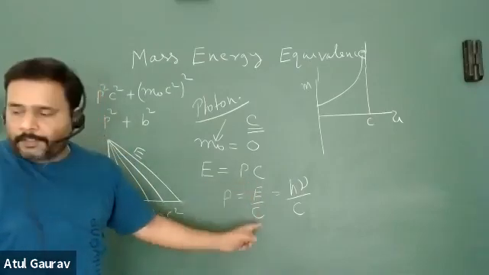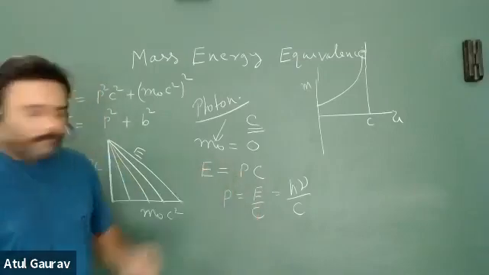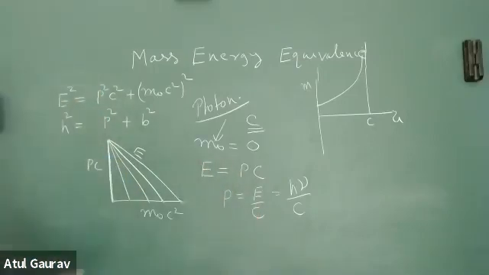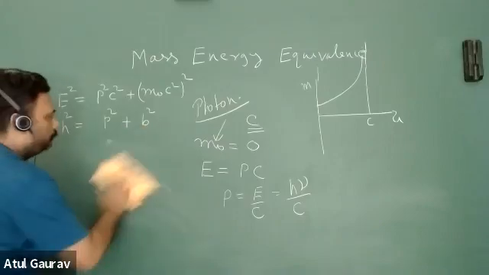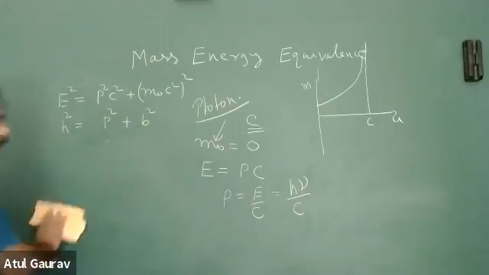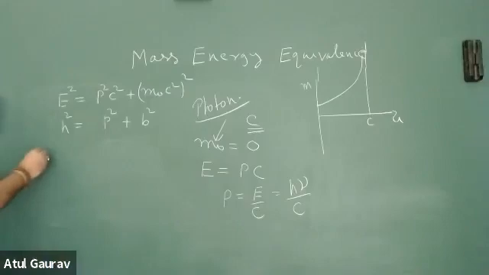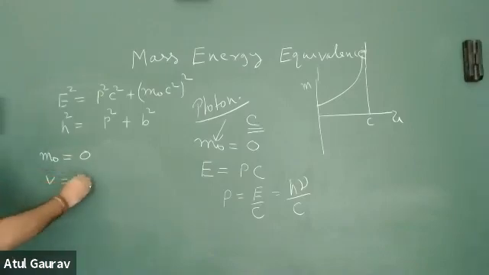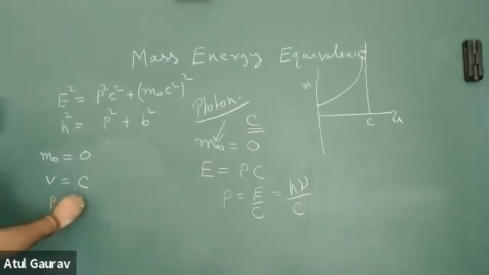This will be P is equal to E upon C. So we have one beautiful concept. When a particle is massless, which means rest mass is 0, which means the velocity is equal to c, which means the momentum is written as E upon c.